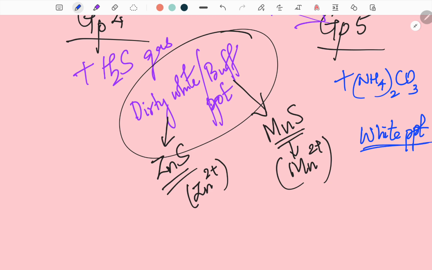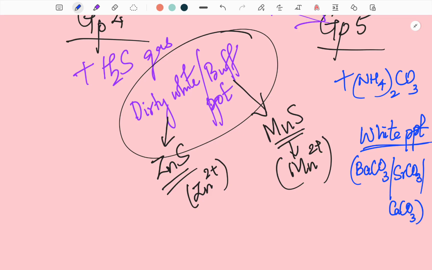Now, very important, the white precipitate only indicates that a group 5 ion is present. It does not give you a clear idea as to whether it is barium or strontium or calcium, because the white precipitate formed is a carbonate precipitate. It is either barium carbonate or strontium carbonate or calcium carbonate. The problem is all three carbonates are white in color.